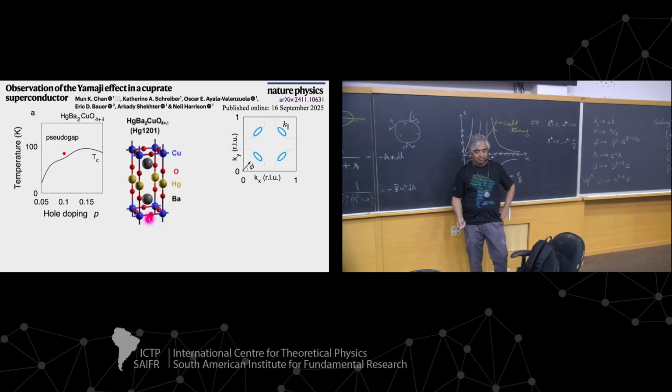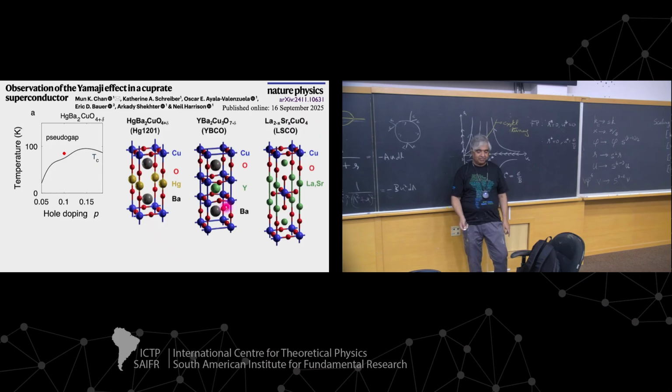Here's the copper oxide, this is the square lattice right here, the blue circles are the copper sites. And it's just very simple stacking of square lattices on top of each other. It's really the only material that has that property. Other materials have a complicated crystal structure. If you look at YBCO, there are these bilayers, and the next square lattice is shifted by half a lattice spacing, and so on.